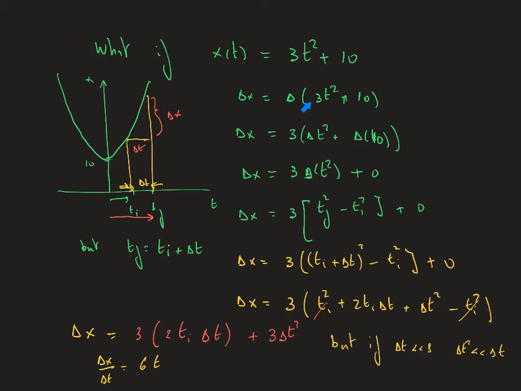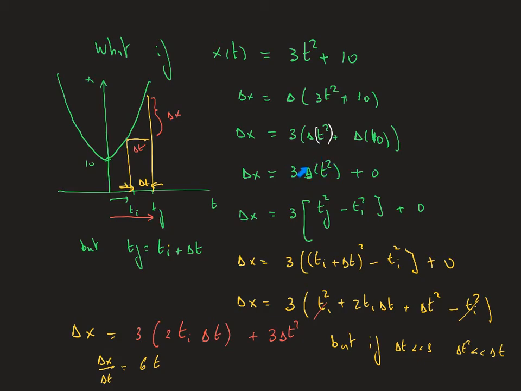It will be delta of 3t squared plus 10. It will be 3 times delta of t squared, plus delta of 10, but delta of 10 I said is 0, so this will be 0, so it will be 3 times delta of t squared.